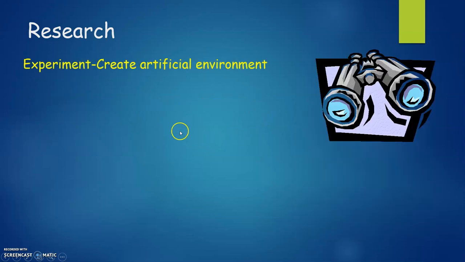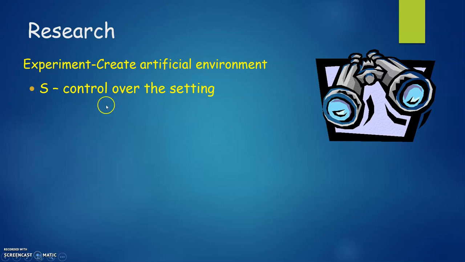Okay. You could also conduct an experiment. That's where you create an artificial environment. You know, you create a little world and you see how people respond to that. The strength is you're in control over the setting. You control the actors, the environment.